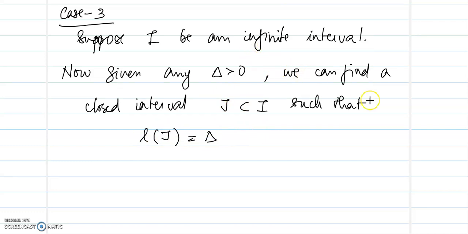So, if I is an infinite interval, for any delta greater than 0, you can find a closed interval J, which is contained in I, such that length of J will be equal to delta.